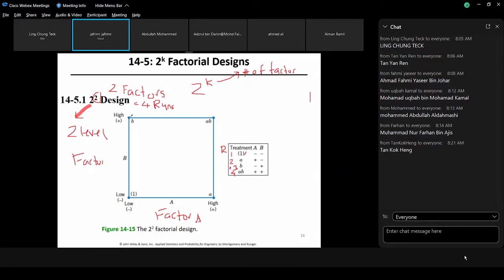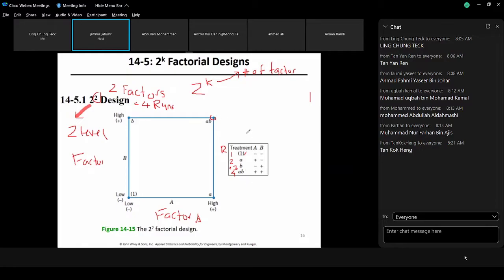Factor A low level, B high level. And finally A and B high here. So basically, this is the arrangement.